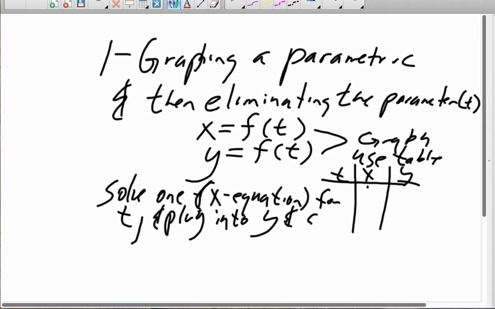And simplify and expand. Okay, and that's what you're going to be doing on your test.